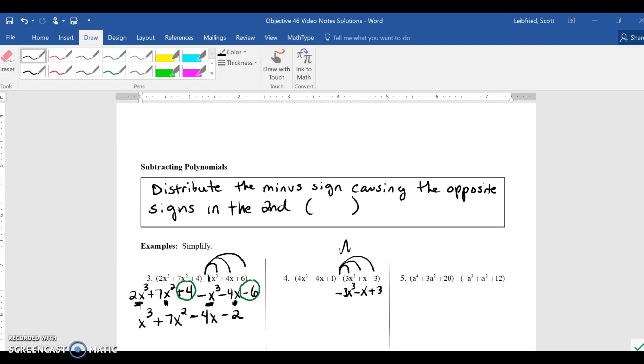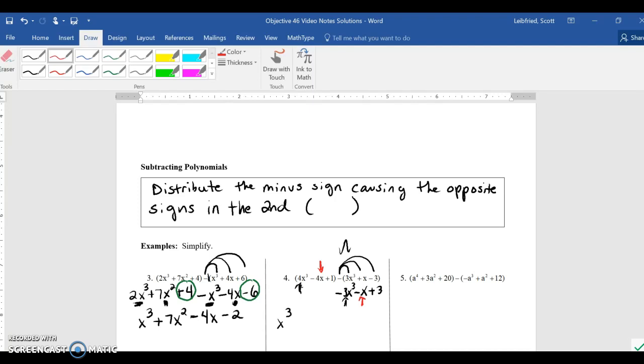So I'm not even going to write down the first trinomial. I'm just going to go right into like terms. 4x cubed, which is right here, minus 3x cubed, which is right here, gives me 1x cubed. Then I'm going to go on to negative 4x. So negative 4x is like with negative 1x.